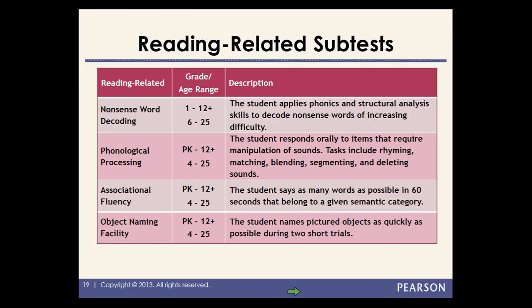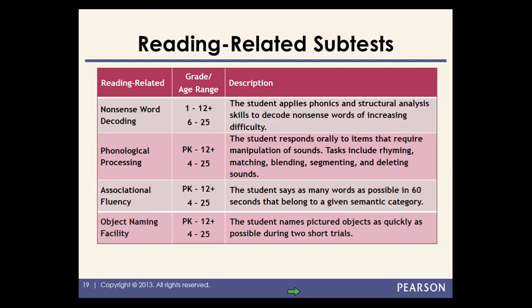For associational fluency, a student is going to say as many words as possible in 60 seconds that belong to a given semantic category. For those of you who give verbal fluency tasks, it's very similar to verbal fluency tasks that you see on many cognitive or neuropsych tests as well.